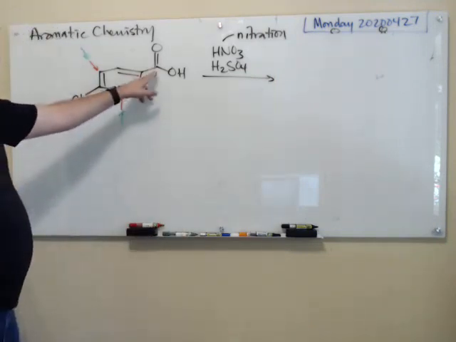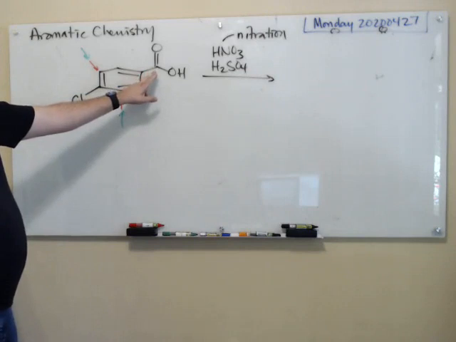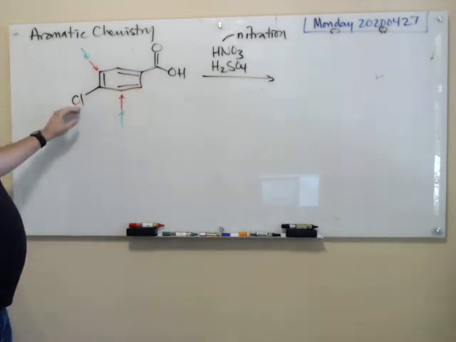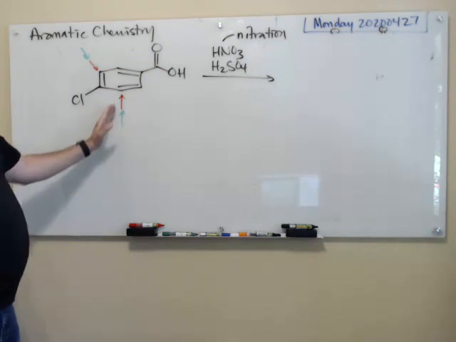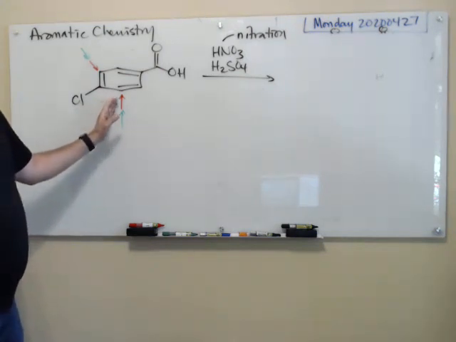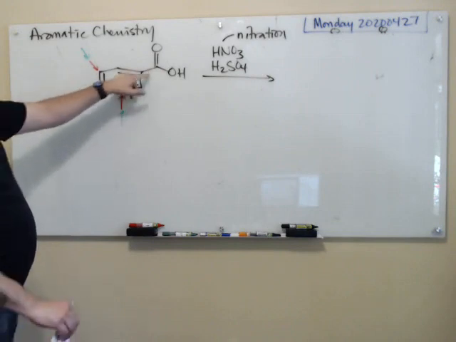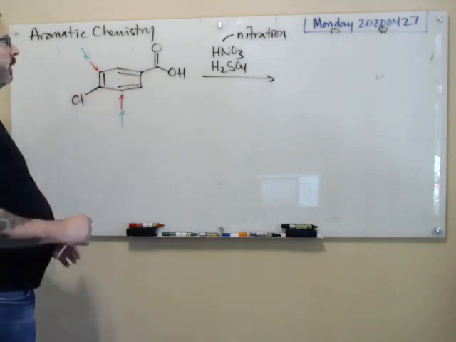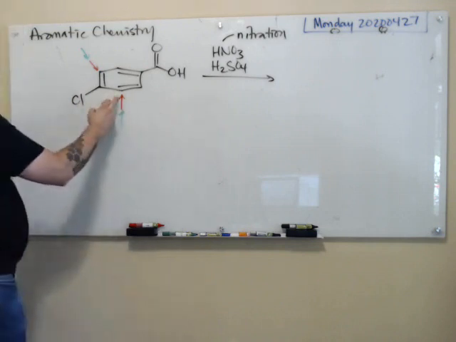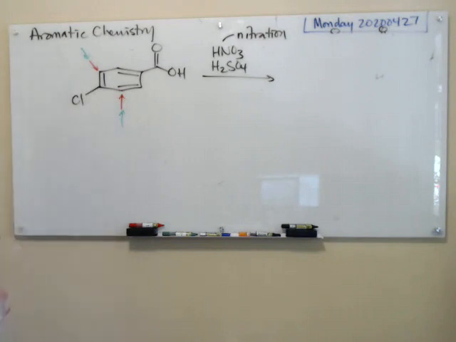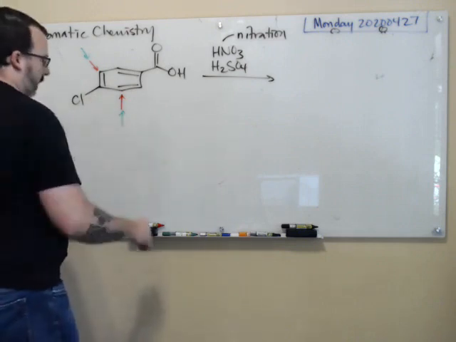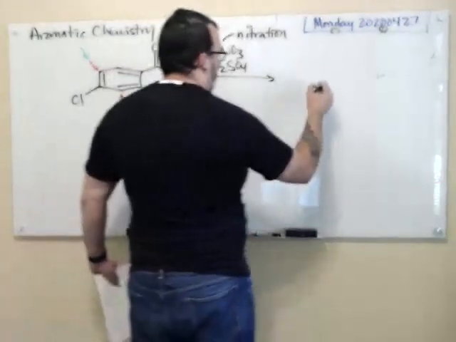And even though this makes the ring react slower, this makes it react faster. Overall, the arrows align with one another. It doesn't matter which ortho it goes to, or meta related to that. If we install one of them, it's going to direct it there because the arrows line up. We'll look at cases where one substituent will dominate over another, but for this one, since they align, we're going to get the following product.